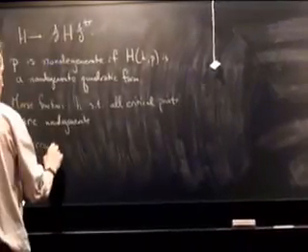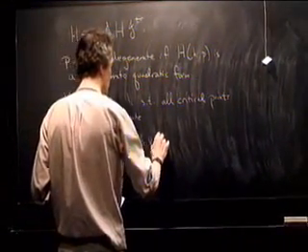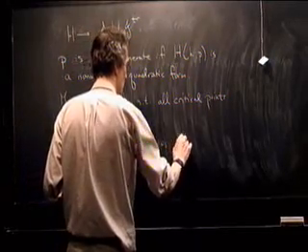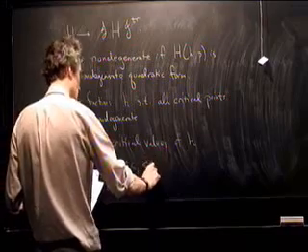Okay. So now we arrange the critical values in increasing order. C0 less than C1 less than C2.